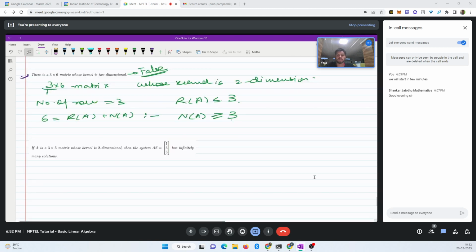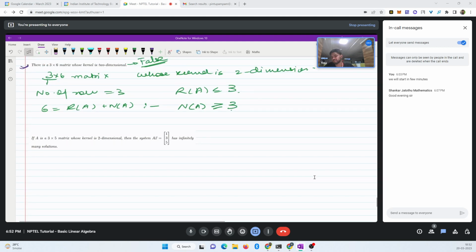Okay, let's get to the next question. Let's say A is a 3 cross 5 matrix whose kernel is two-dimensional, then this system has infinitely many solutions. This is what it is asking. Okay, so let's see how we can tackle this kind of question.